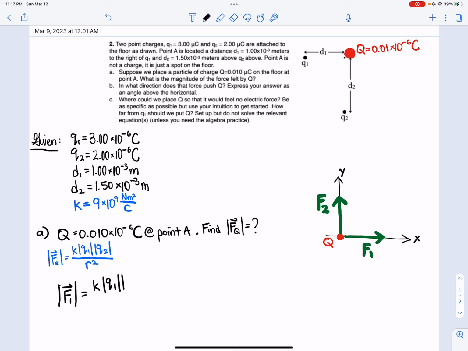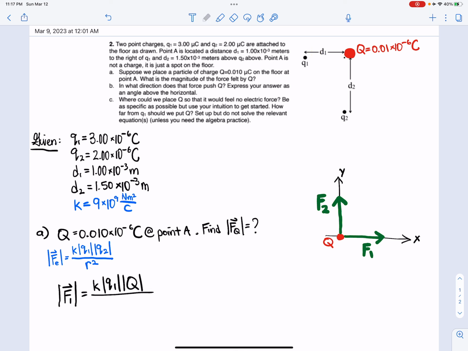Okay, so times capital Q, times the magnitude of capital Q, divided by r squared, which for force number 1, the distance between the center of charges of Q1 and capital Q is D1, right here highlighted.